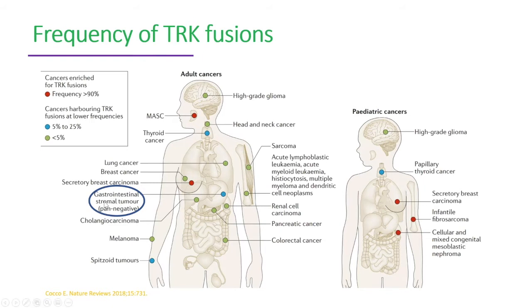Because if you look at colon, for example, I have it highlighted here, pan-TRK negative, which is the same. Once the colon is pan-TRK negative, you expect TRK fusion and overexpression, and the patient may respond to these drugs. It's the same with lung cancer. We'll talk about it right now, but just remember that it's very common in rare tumors, and it's very uncommon in the other common tumors.